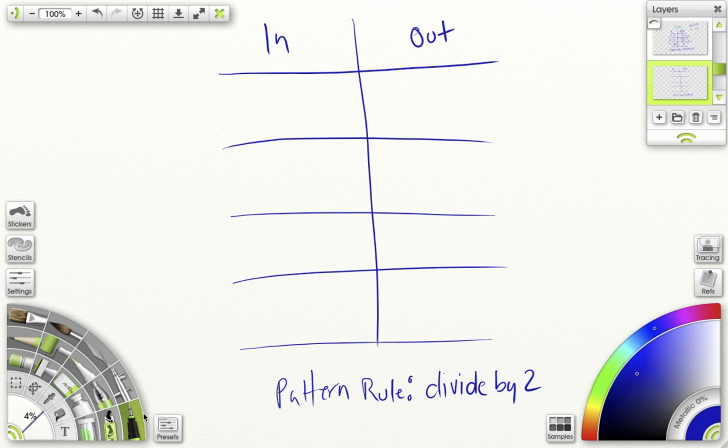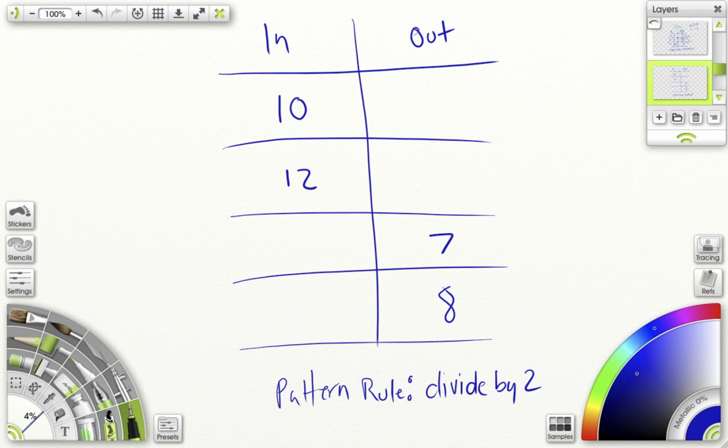Let's do 10, 12, that'll be 7, and 8. Okay, so we need to figure out the missing spots of this chart.